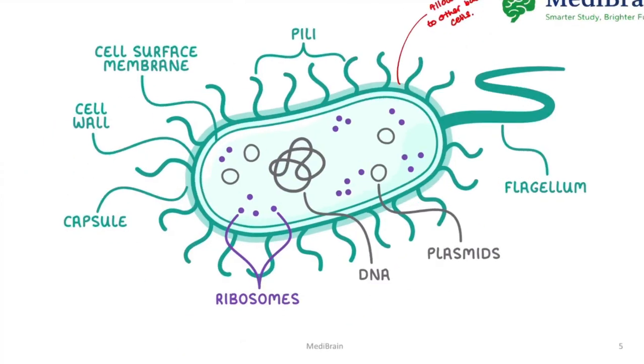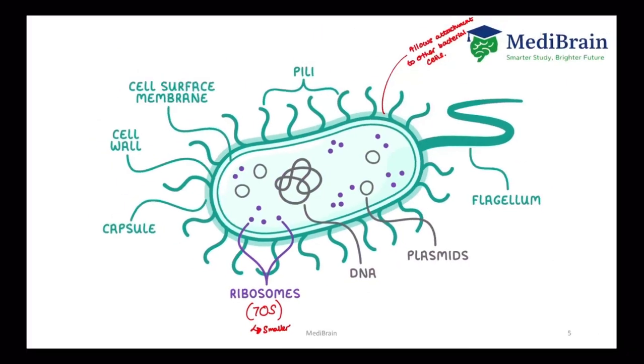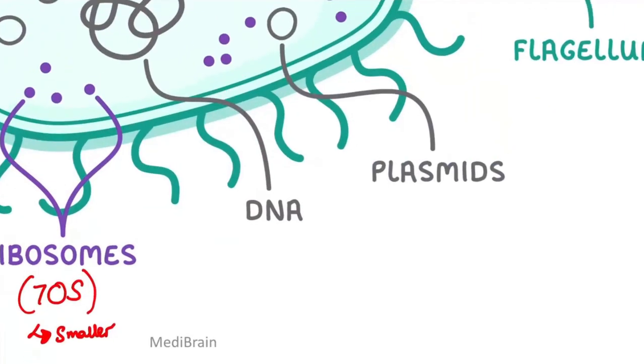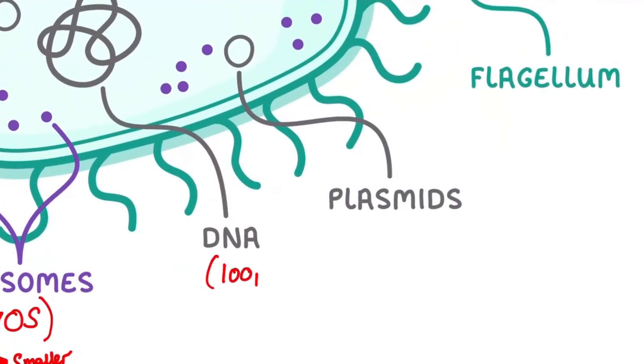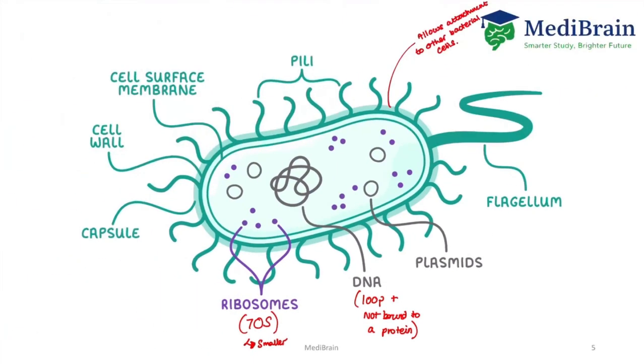You have these ribosomes. Again, these ribosomes are 70S ribosomes. They are smaller. The DNA is in a loop and is not bound to a protein, i.e. it's not histone bound. It's just circular, in a loop, and it's not really doing anything.